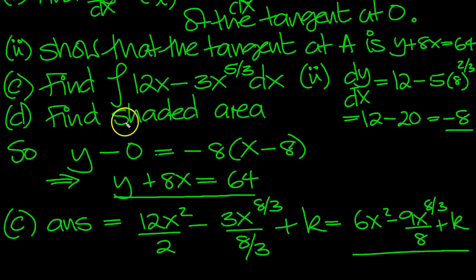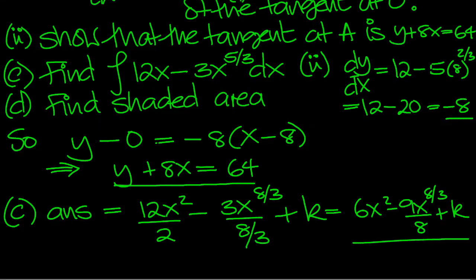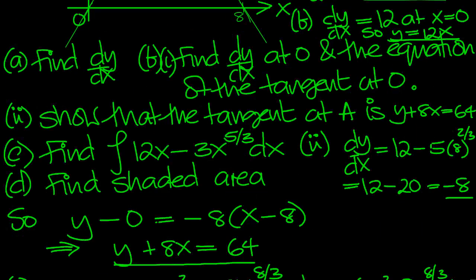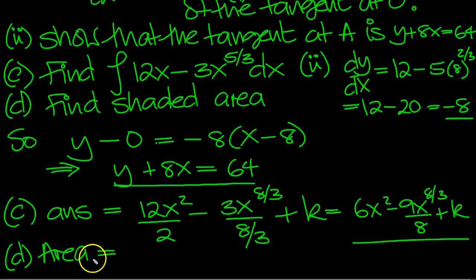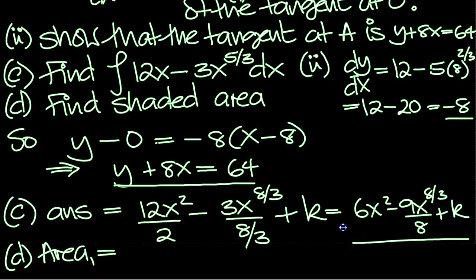And then part D, find the shaded area. That's why we did that little bit of work before. The shaded area is equal to the total area of the triangle minus the area under the curve. I'm going to call the area under the curve between 0 and 8 area 1, because I'll just work out that.